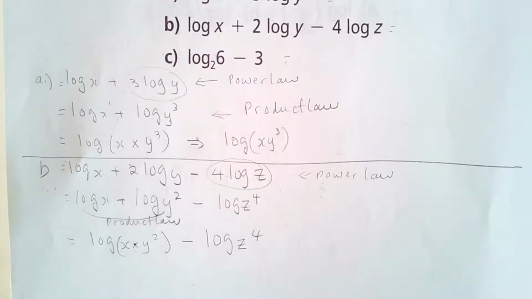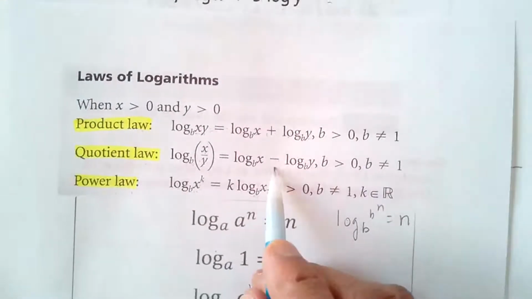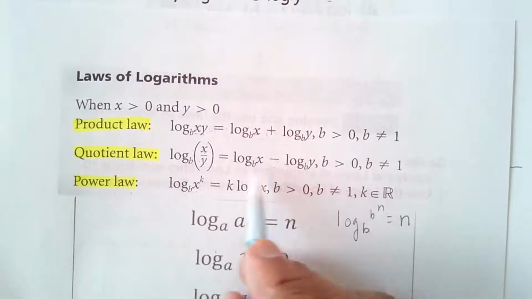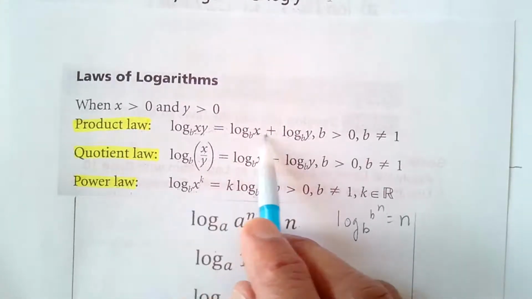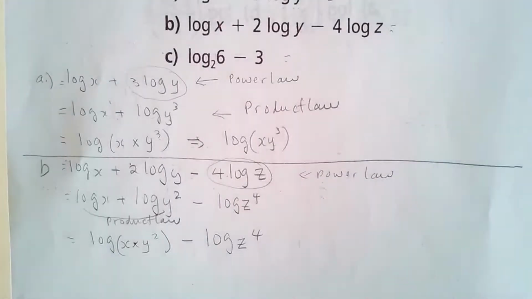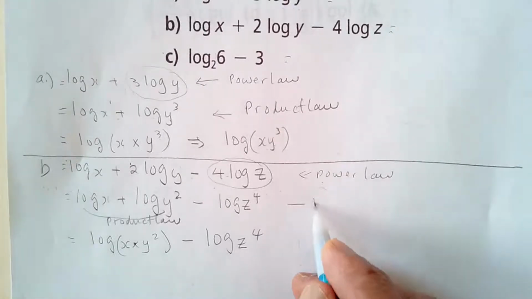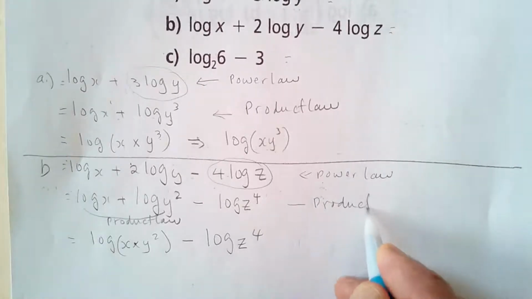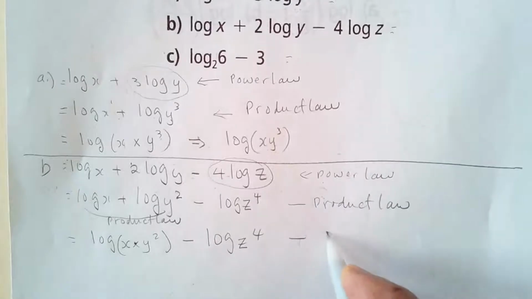Now we're subtracting. Just remember: once you see a negative, you know it's going to be the quotient law. If you see a plus, product law. If you see an exponent, we're going back, power law. So here we used the product law, and now the quotient law.